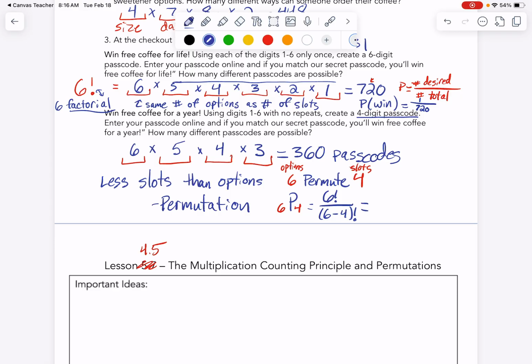So in this case, we had 720 divided by 6 minus 4, which is 2. 2 factorial is just 2. And so we get 360.